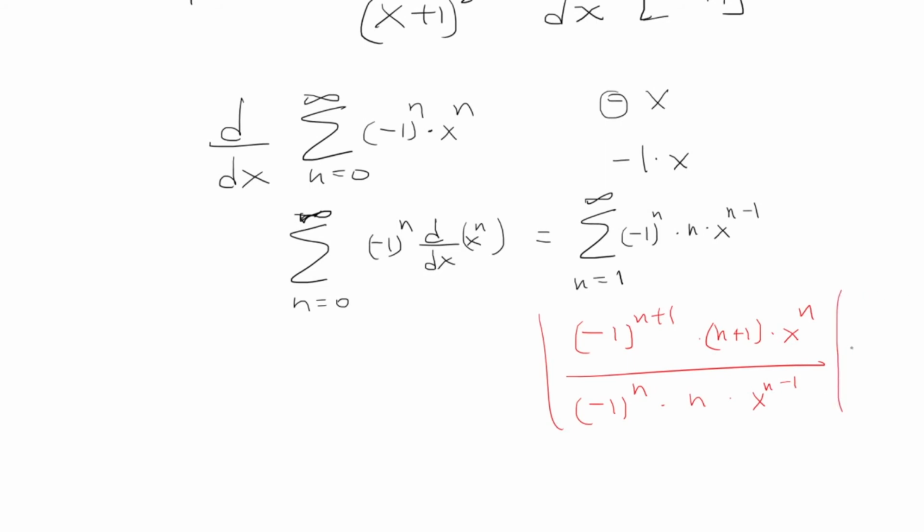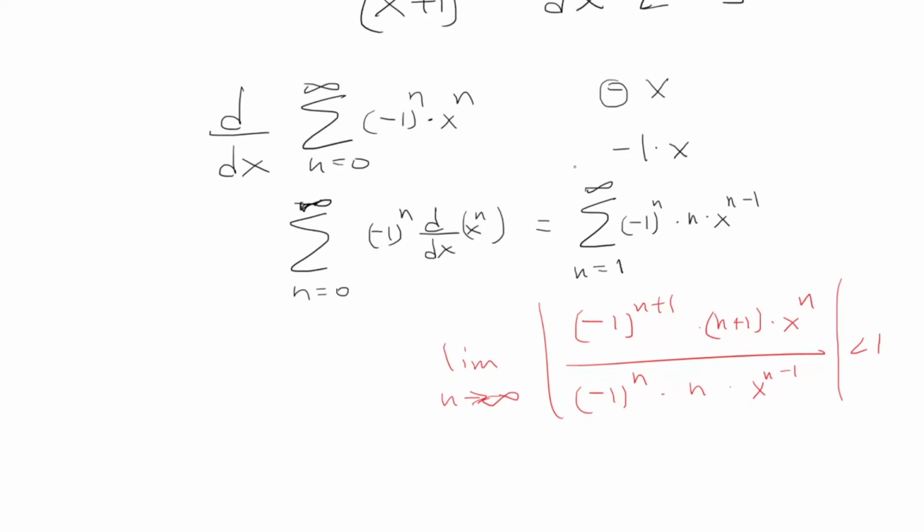We want this to be less than 1 when we take the limit as n approaches infinity. A lot of things will cancel here. We'll be left with a factor of negative 1, and because it's an absolute value, this is just going to be positive 1, and then we'll be left with a factor of x.